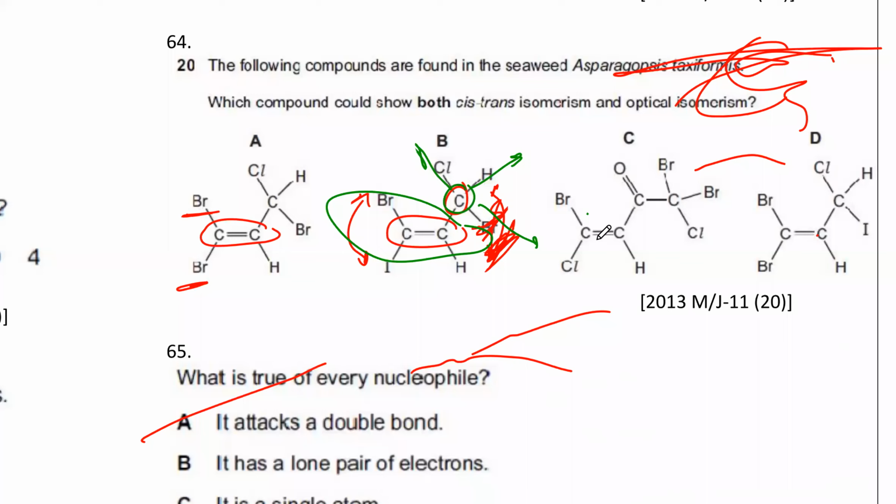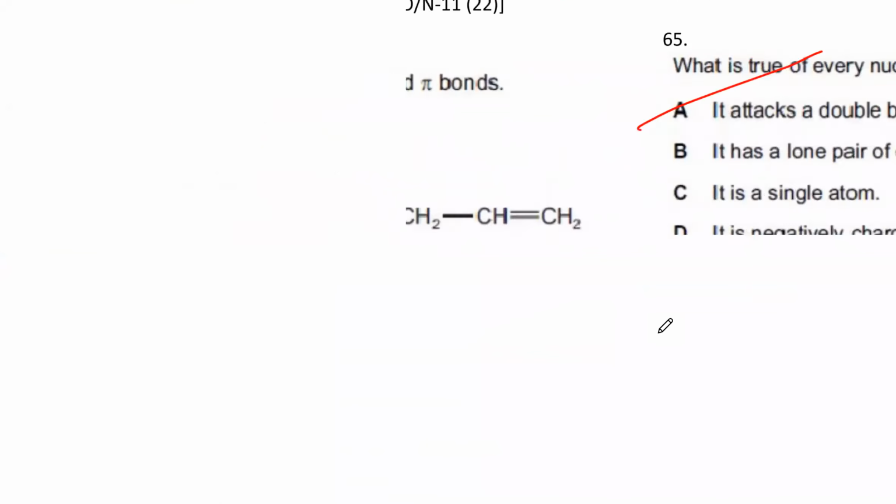This carbon atom will not be optical because the two Brs are the same. These ones are double bonds, so they won't show optical. The last one, again, the two Brs are the same, so they would not show geometric isomers, cis-trans. Is that clear? Yes, sir.